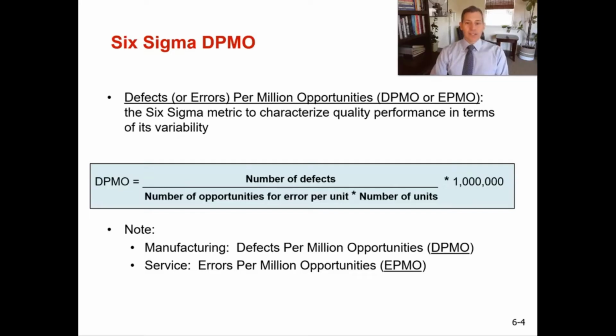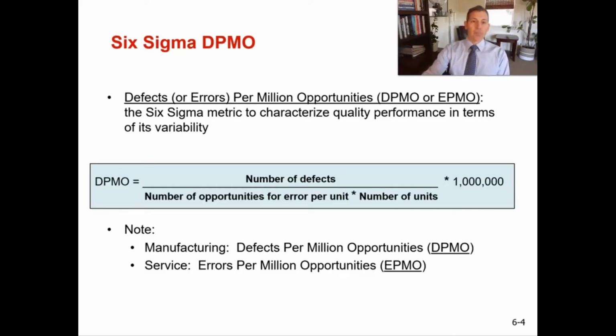So let's calculate out the DPMO, the defects per million opportunities. In service firms, you can call it the errors per million opportunities, or an EPMO. But either way, the calculation is the same. You've got your number of defects over the number of opportunities for error per unit multiplied by the number of units.